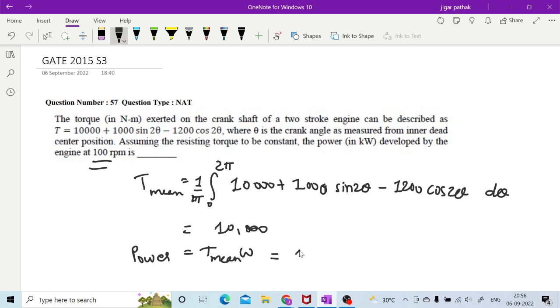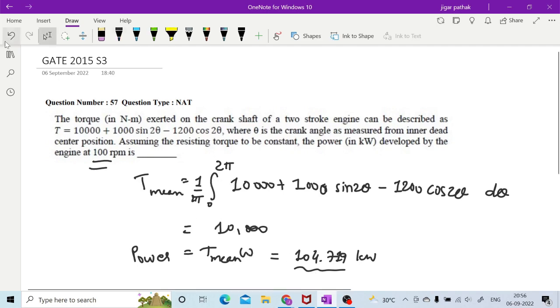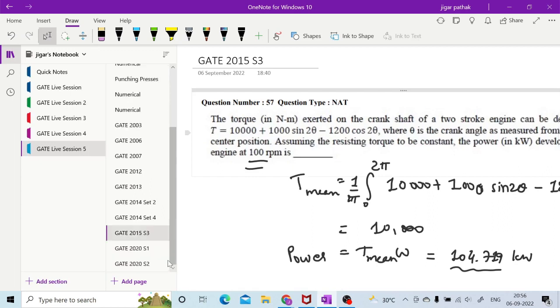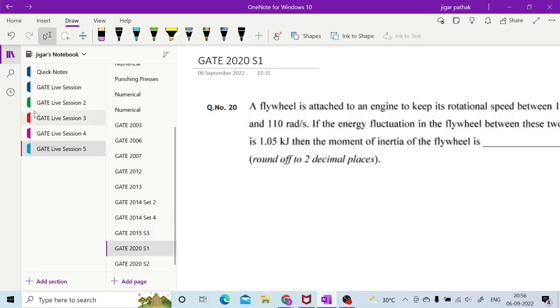It will come around 104.719. You can verify this after integrating and check whether you are getting this or not. Is it okay? Yes sir, I am getting the same.